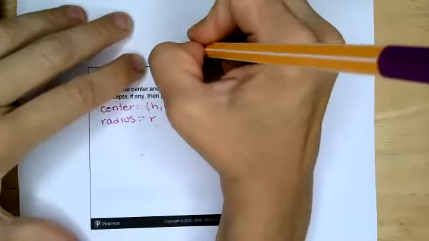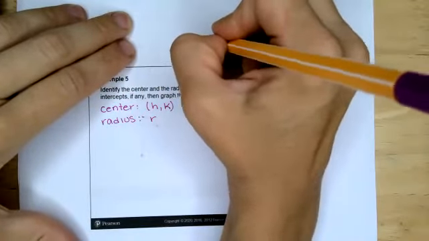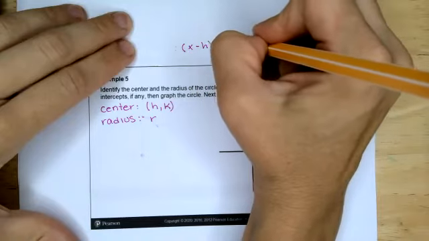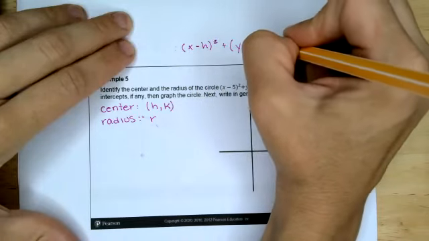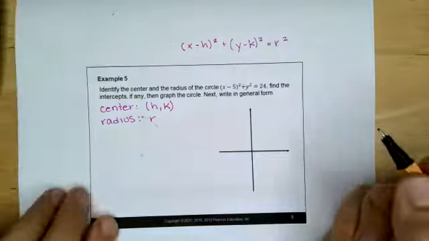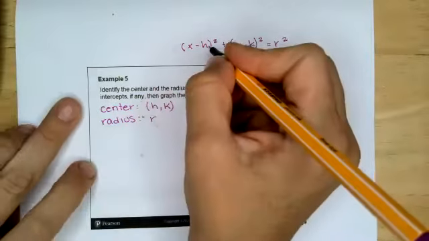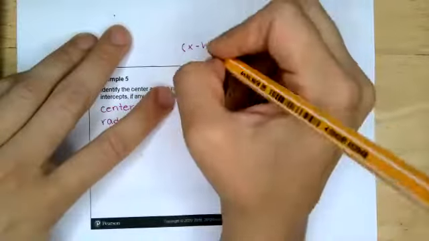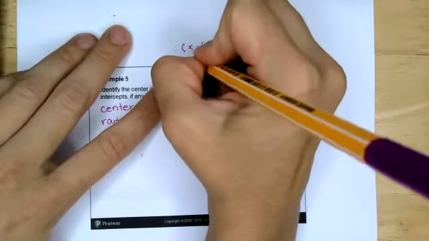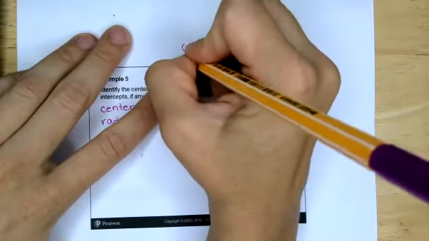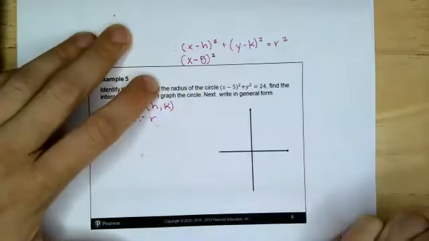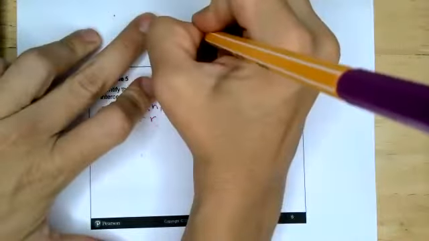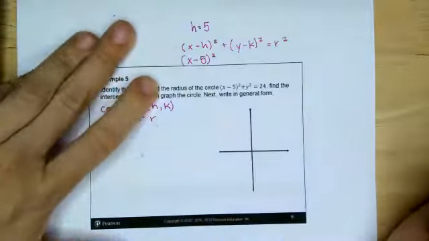When we have the equation x minus h squared plus y minus k squared equals r squared, right? So here, x minus 5 squared is the same as x minus h squared. So h is a positive 5, right?